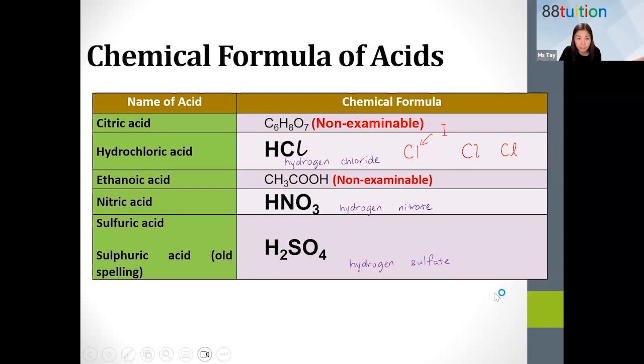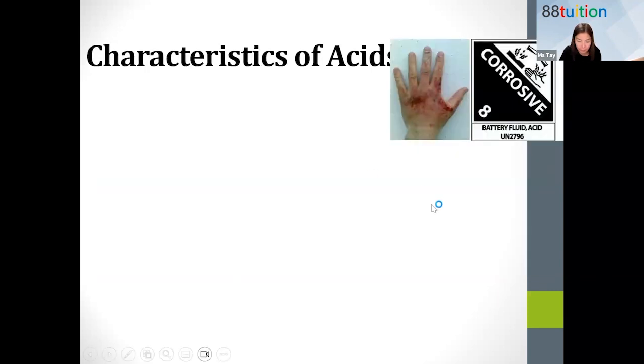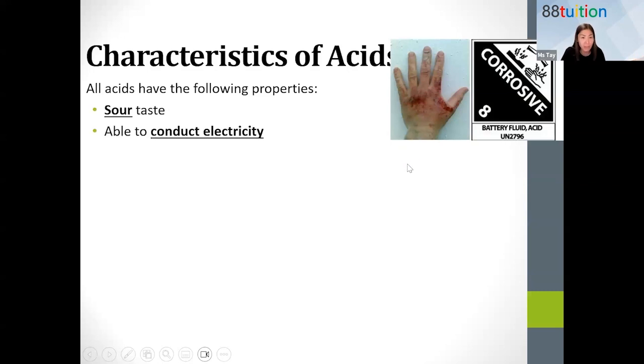Okay, characteristics of acids. All acids have the following properties. They taste sour. It doesn't matter what kind of acid, they all taste sour. They can conduct electricity. They are corrosive. You can see here on the slide, there's this picture.